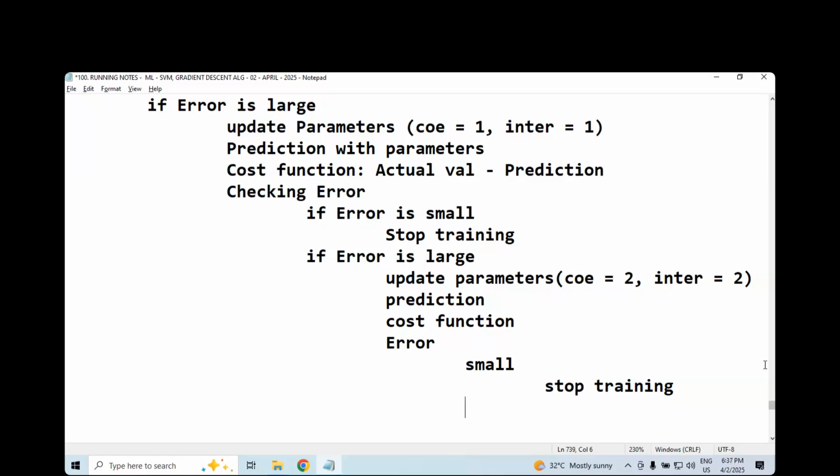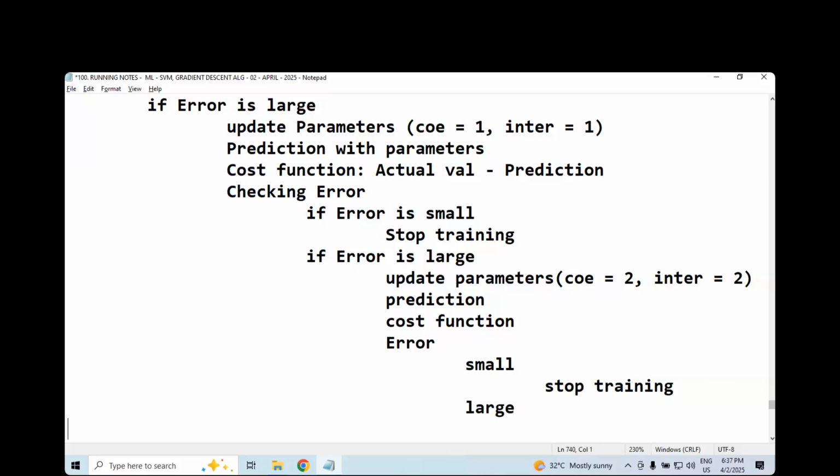Why is the training stopping? The error is small. Once the training is over, that indicates you got your right parameters, and you got the small error.